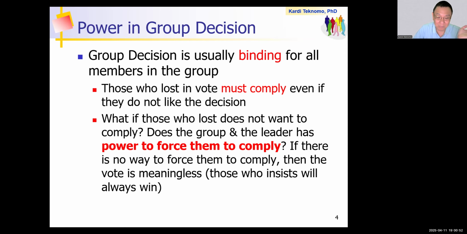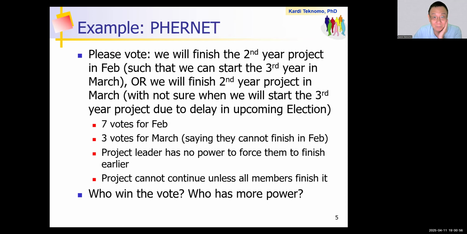So I give you a simple example. This is based on a project I had in the Philippines. The leader of the project asked us to vote: shall we finish the second year project in February, or in March? We needed to vote because we wanted to start the third year project.